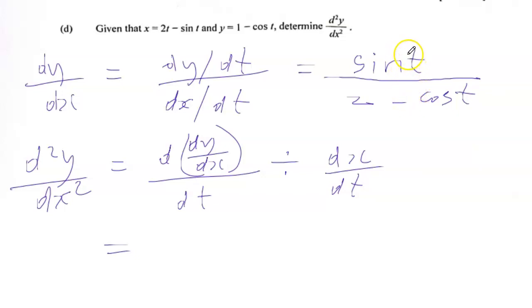Differentiate sine t, we end up with cos t, differentiate the numerator times the denominator, minus, and then we're going to alternate. So this time we're going to differentiate the denominator. Differentiate 2, you get 0. Differentiate negative cos t, what you end up with is sine t.